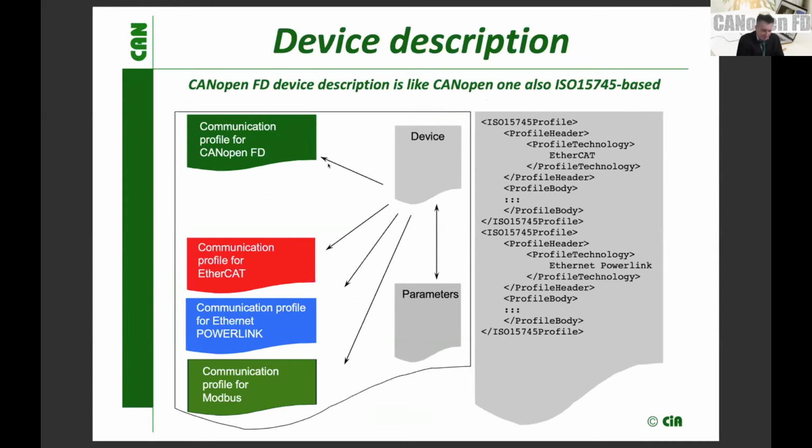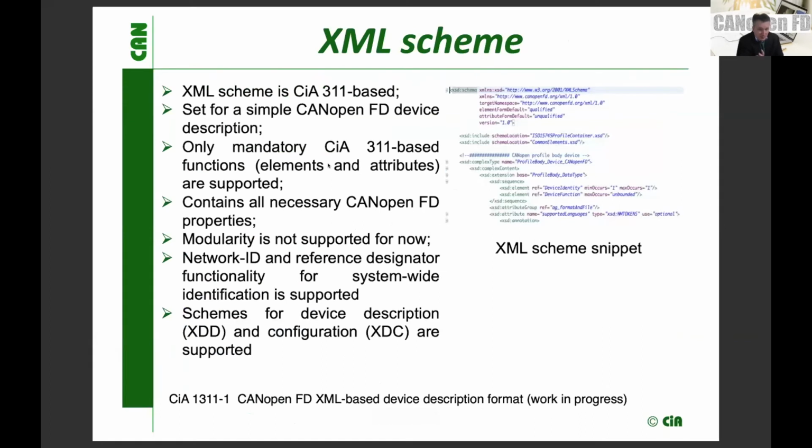It lays the base structure for all communication profiles, how they should be represented structurally for each device and from the network point of view. It's just an example, a snippet of the XML scheme we designed in our device description based on this XML scheme.